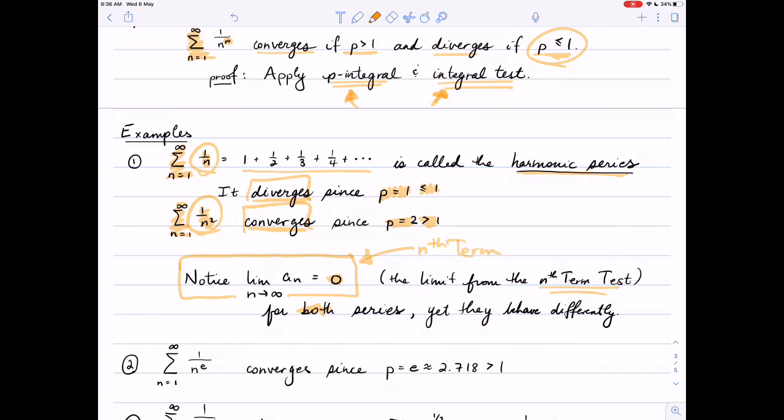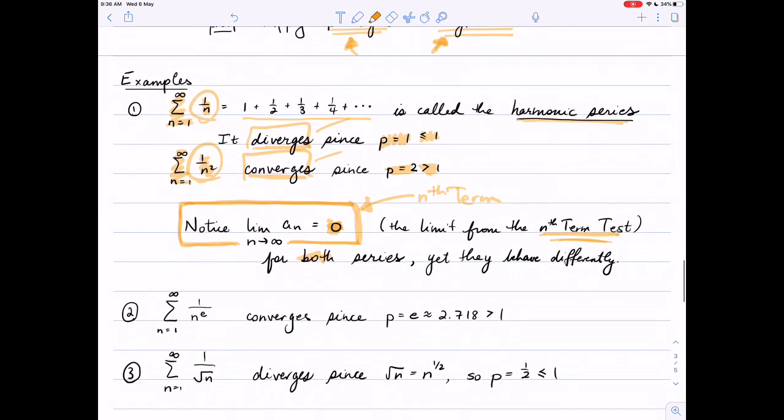Either behavior is still possible. The series might diverge like the harmonic series, or it might converge like 1 over n squared. So that is just a little reminder that if the nth term test limit gives you 0, you are no further ahead. The nth term test tells you only divergence if that limit is non-zero.